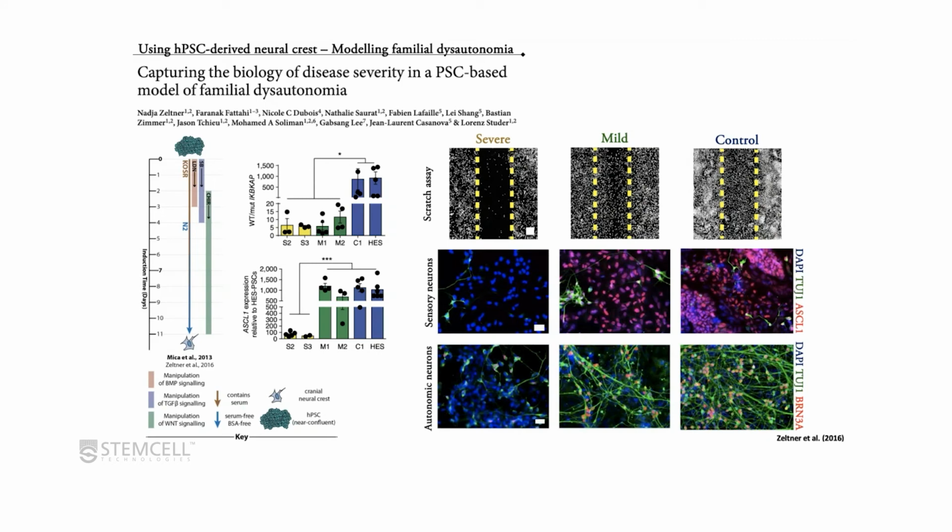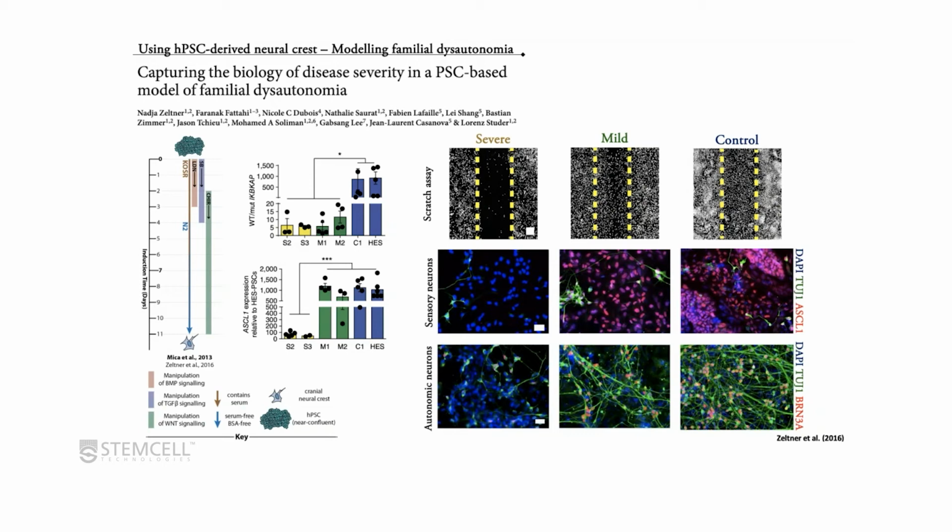Differentiation of neural crest into autonomic and sensory neurons in vitro is again drastically impaired in the severe form, but not the mild form. So what this work was able to tell us is that the mediator of disease severity, rather than being an environmental factor, which wouldn't have been carried through to these iPS cells, is instead likely to be some kind of secondary genetic modifier.